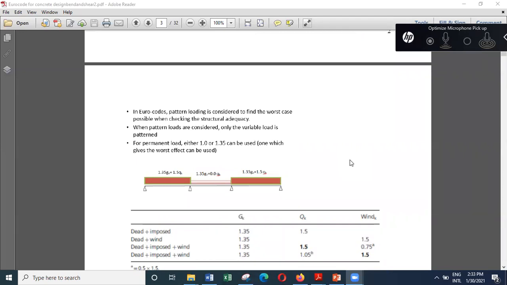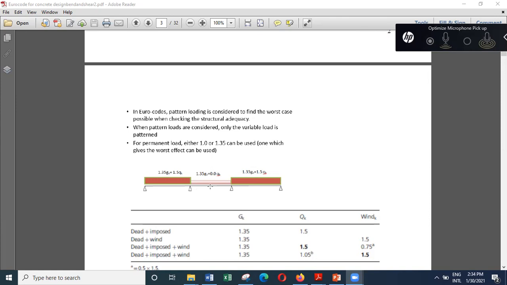So one of the differences in Eurocode is, when you are creating the pattern loading, when it comes to the permanent action, in all spans you will use the same partial factor. So the factor is 1.35, 1.35, 1.35.